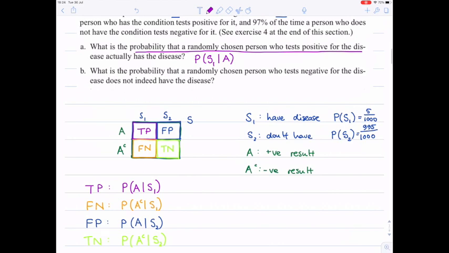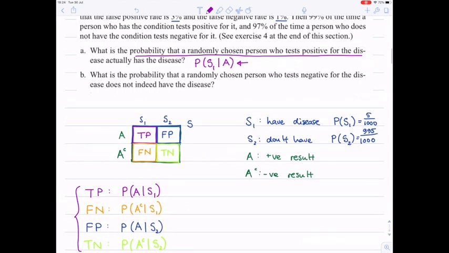And notice that this conditional probability isn't one of the ones that we've mentioned over here. So it isn't something that we can use what we've done so far to compute. We're going to need something else, and that something else is called Bayes' law. But before we get there, let's just see what we can figure out from the data that we've already been given.